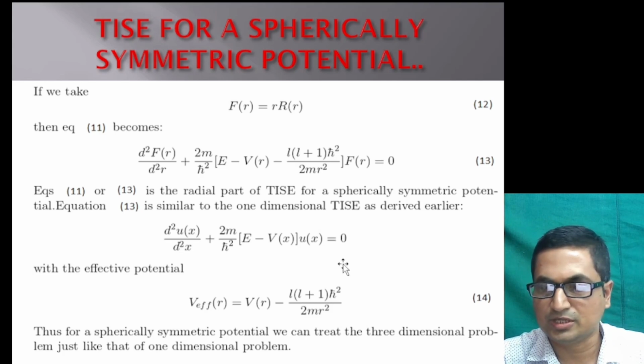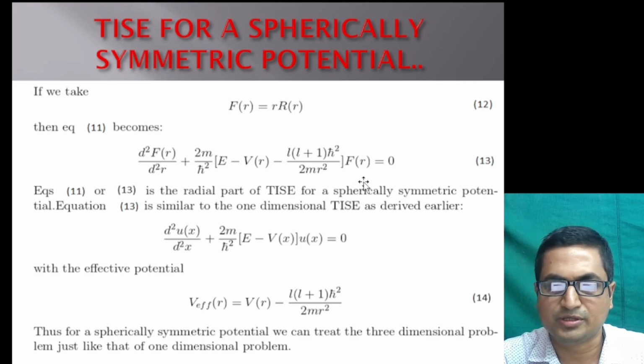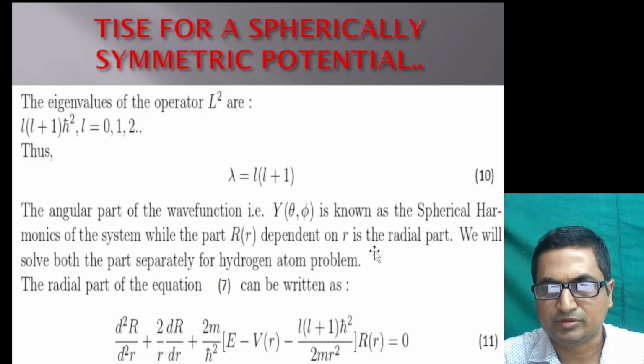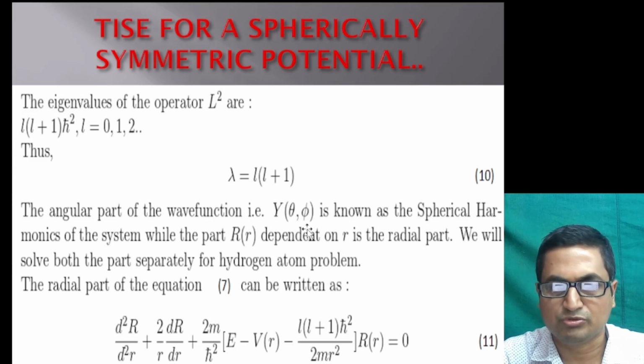So for a spherically symmetric potential, the Schrödinger equation can be expressed in the spherical polar coordinate system, and we can separate the solutions into radial and angular parts. The radial solution depends only on r, and the angular part, known as spherical harmonics, depends only on theta and phi. It contains the angular part, that's why it is also known as the angular solution.